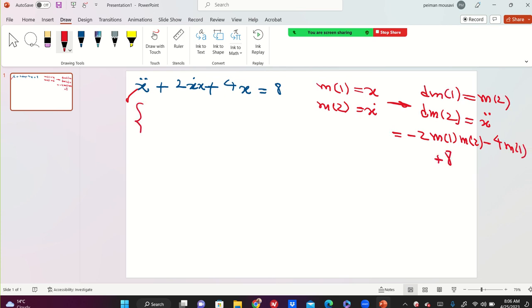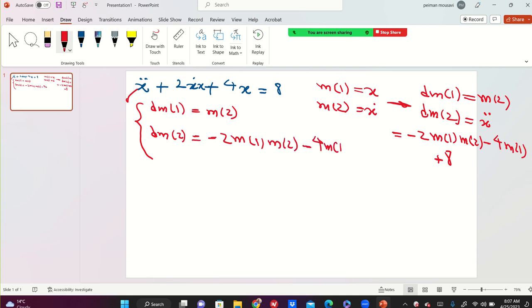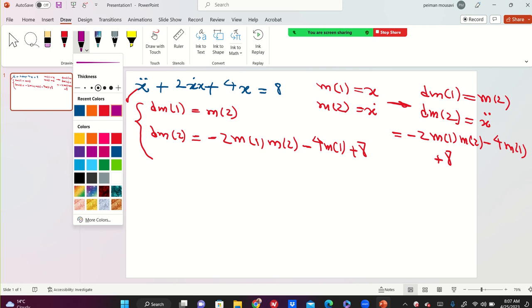So we got a nonlinear ODE in the state space representation. dm2 was minus 2 m1 m2 minus 4 m1 plus 8.